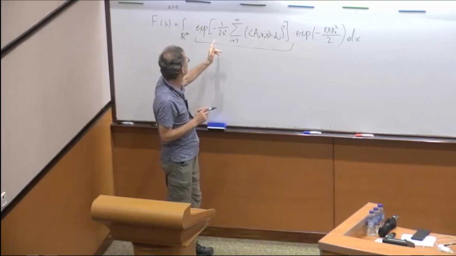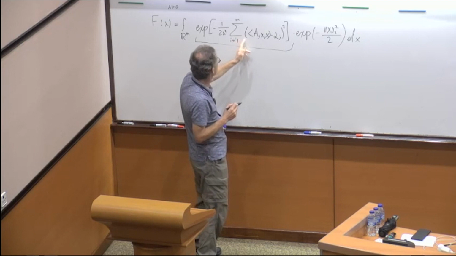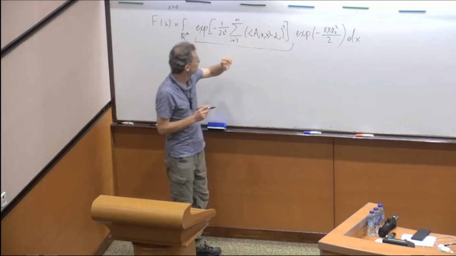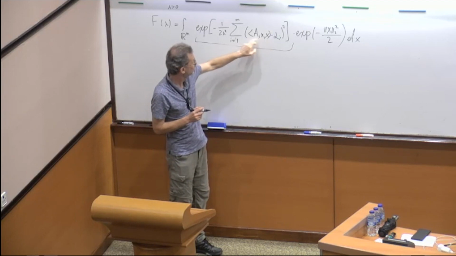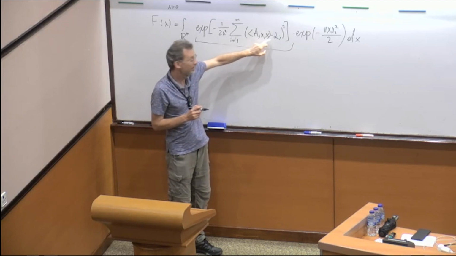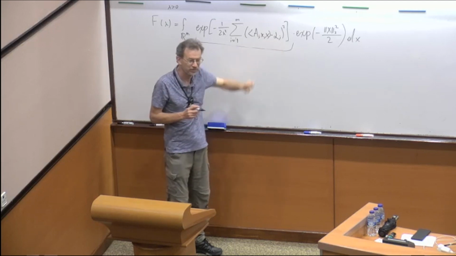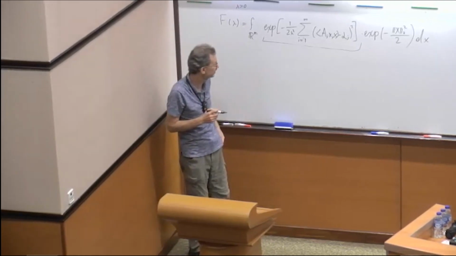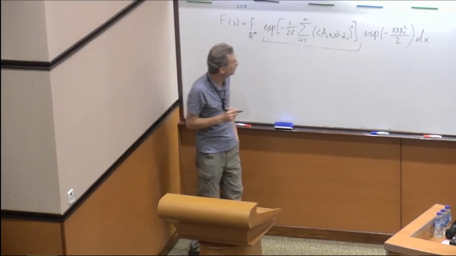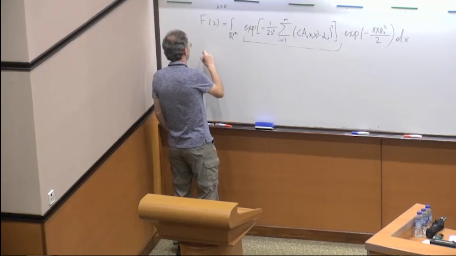But if you look at these polynomials as polynomials of x, this is a quadratic form, and I square it. It's the exponential of a 4th degree polynomial. This is not as nice as the exponential of a second degree polynomial. Nevertheless, this can be handled.